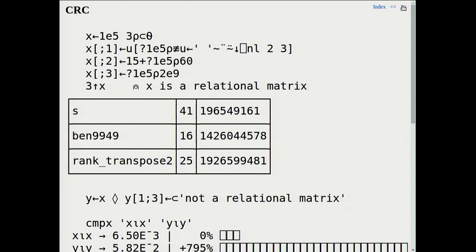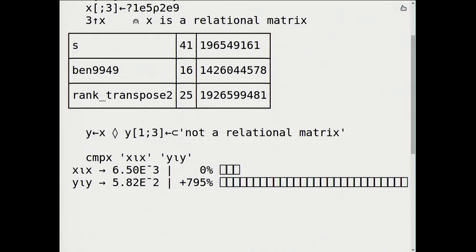And Y is very similar to X, except I deliberately made it not a relational matrix by putting a character vector in this corner. So, for relational matrices, I use CRC hashing, and for non-relational nested matrices, it uses the old algorithm, and it's about 9 times faster.